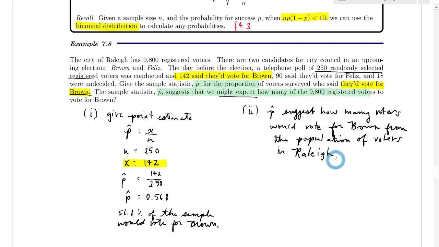So it's saying that p hat, 0.568, is the proportion who would vote for Brown.